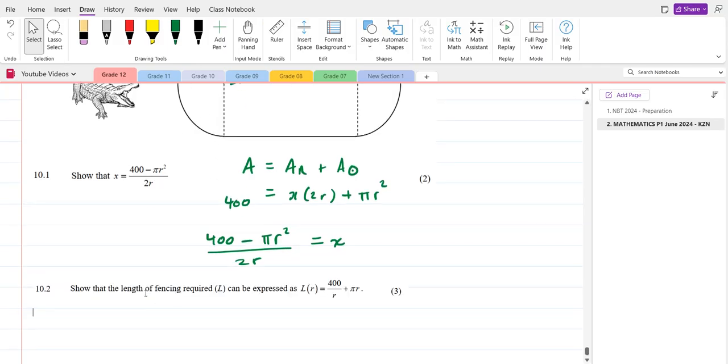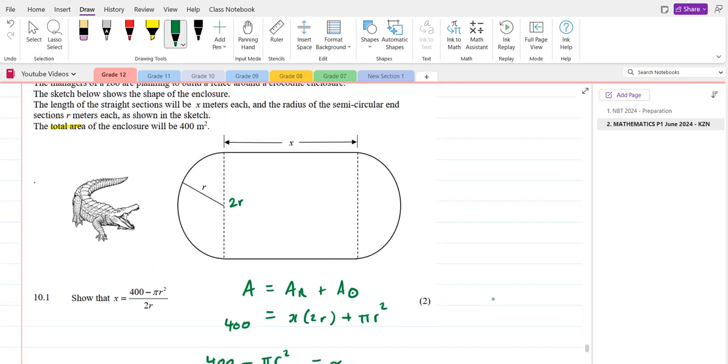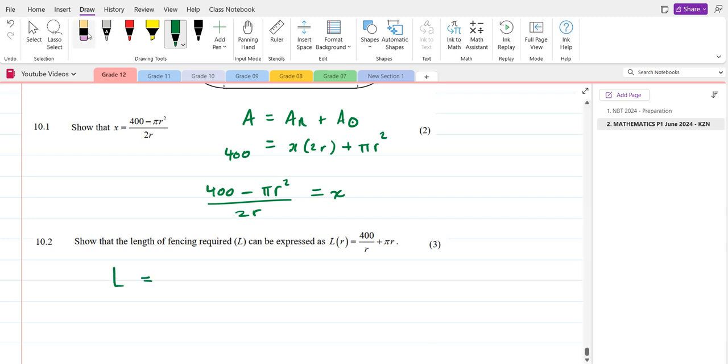What do they want now? Show that the length of the fencing required can be expressed as... what's the length of the fencing required? The length is x plus the entire circumference of the circle, right? Because there's nothing on the inside, we're calculating the perimeter, so it's x plus x, which is 2x, plus the circle circumference, 2 pi r.